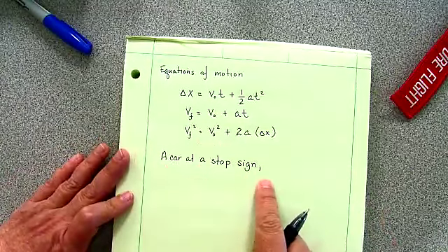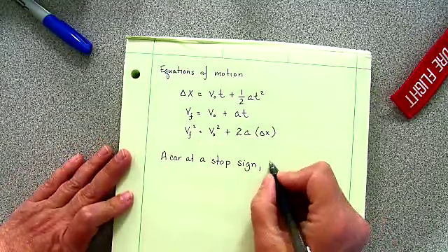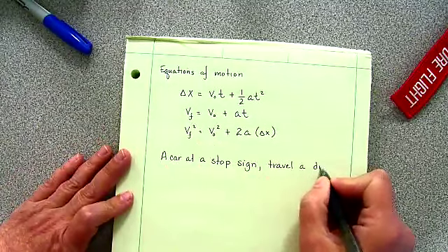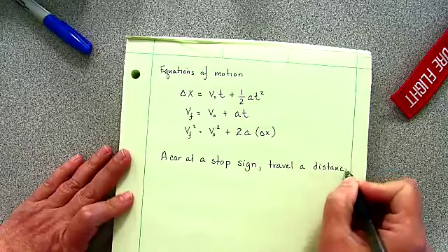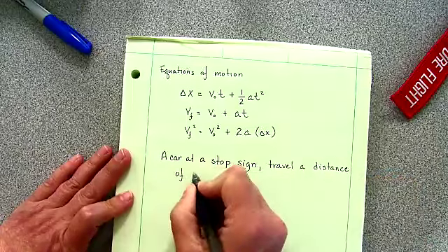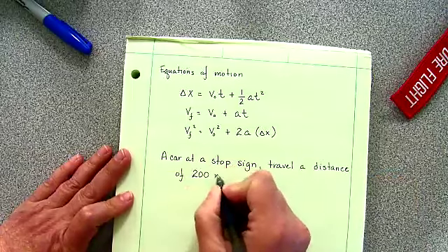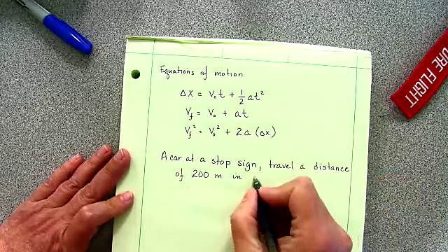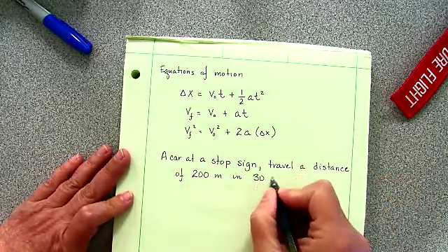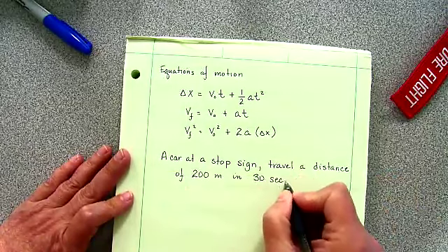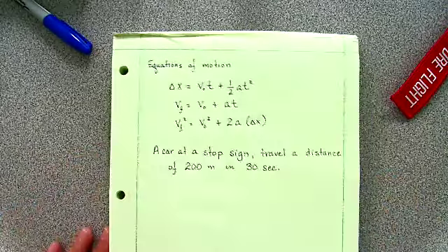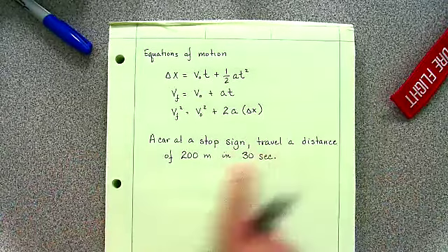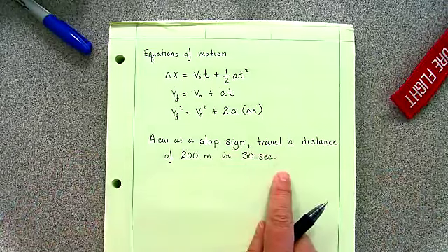And after we start up, the car is going to travel a distance of 200 meters in 30 seconds. So that's the information that we're given. We've got a car at a stop sign. Once it starts, it's going to travel a distance of 200 meters in 30 seconds.